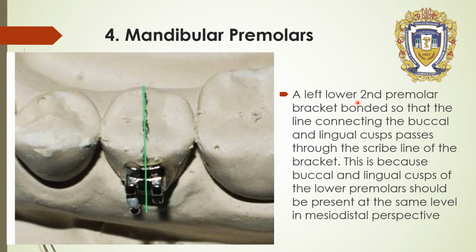A left lower second premolar bracket is bonded so that the line connecting the buccal and lingual cusps passes through the scribe line of the bracket, like here. This is because the buccal and lingual cusps of the lower premolars should be at the same level in the mesiodistal perspective.